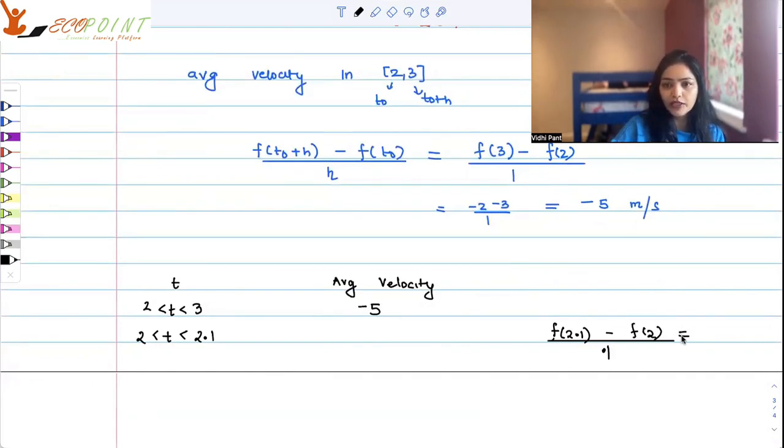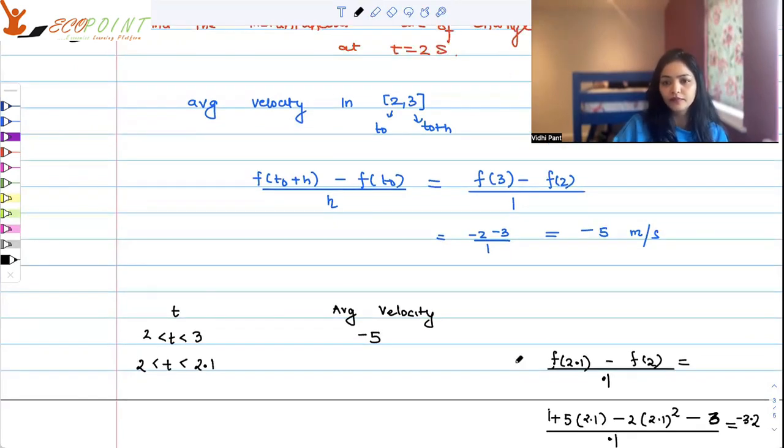If you put in the values, pause the video and try it out. Just put it in the formula. Here I've done my rough work, and you will get minus 3.2.